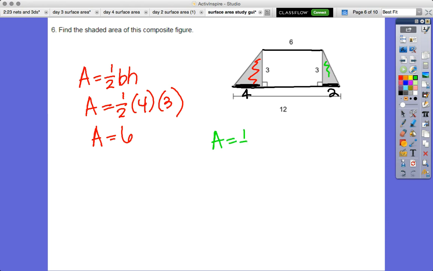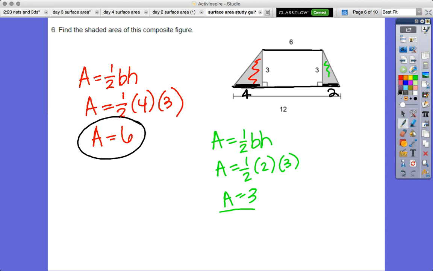So I know once again, area of a triangle is 1/2 times the base times the height. The base is 2 and the height is 3. So 2 times 3 is 6, and half of that is 3. Now to find my total, I say 6 plus 3, and I get a total of 9.